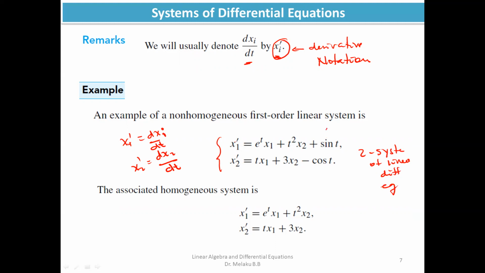If these are b1(t) and b2(t), and they are zero, we obtain the homogeneous system. This one is homogeneous because we don't have the minus cos t and sin t terms, just the coefficients of x1 and x2.